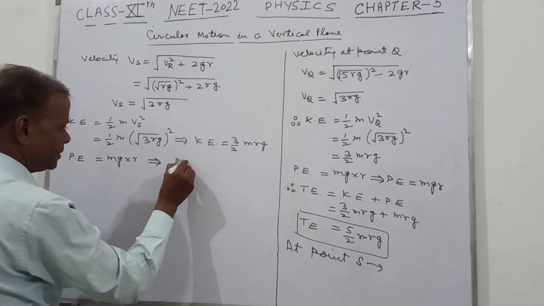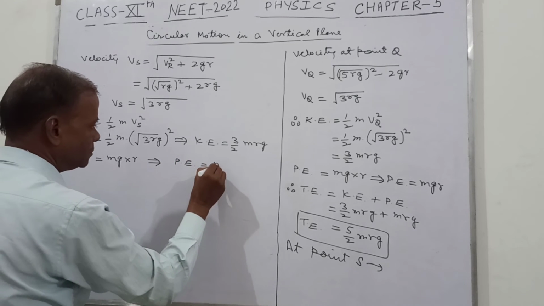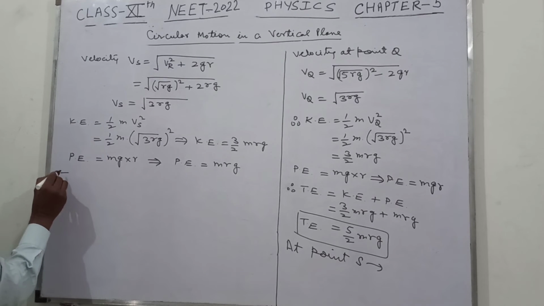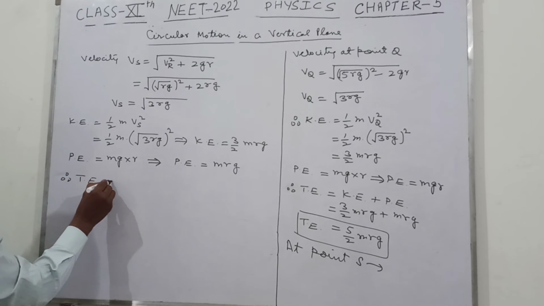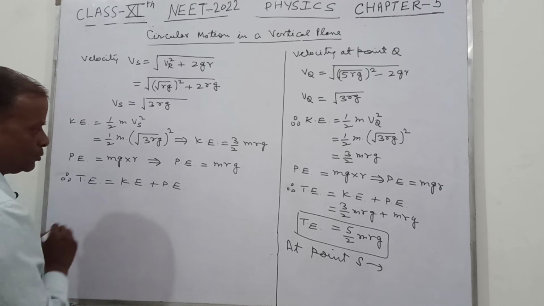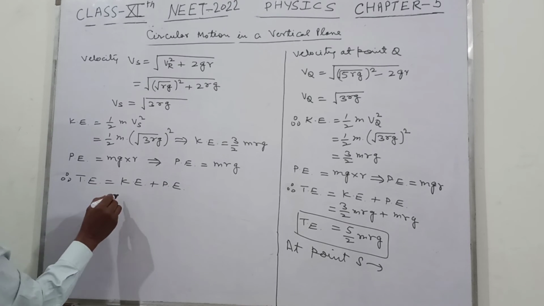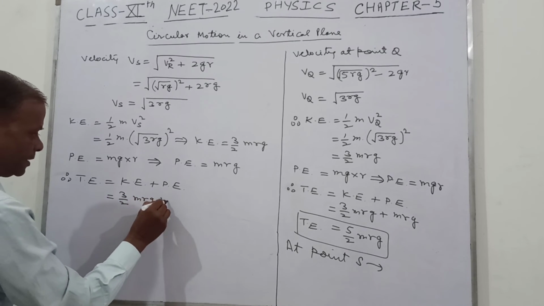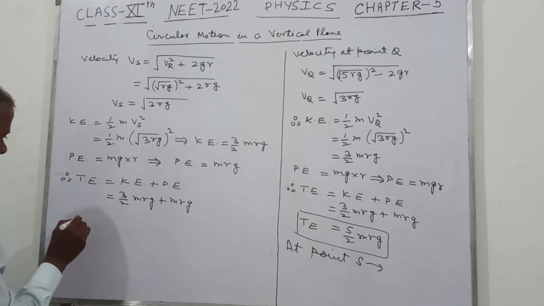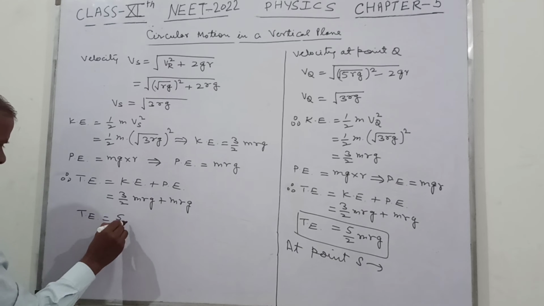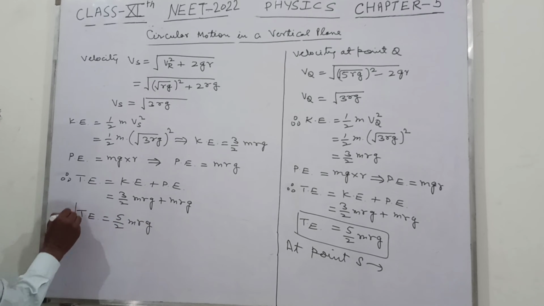So this potential energy is equal to mRg. Now total energy is how much? Therefore, total energy is equal to kinetic energy plus potential energy. So this is equal to 3 by 2 mRg plus mRg, or this total energy is equal to 5 by 2 mRg.